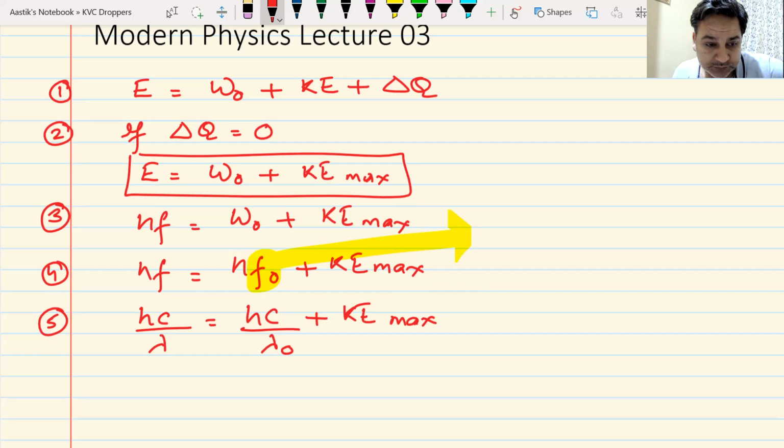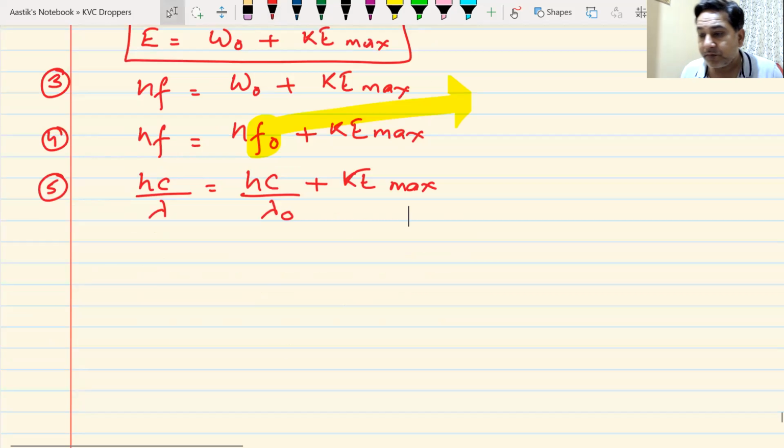Now, what we should see is the relation between maximum kinetic energy and stopping potential. What is stopping potential? When the electrons are getting liberated in that cell, in that Lenard experiment, if I make anode as cathode and cathode as anode, at some point the photoelectric current stops.